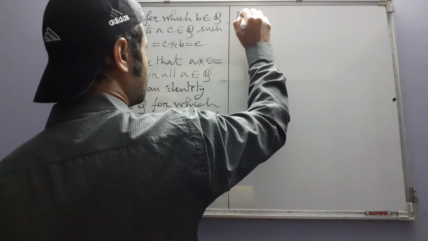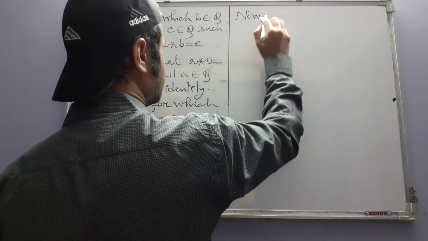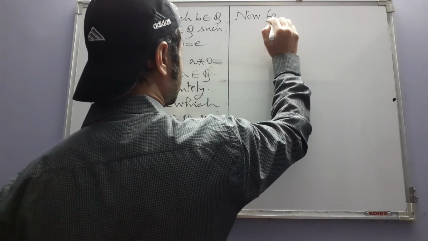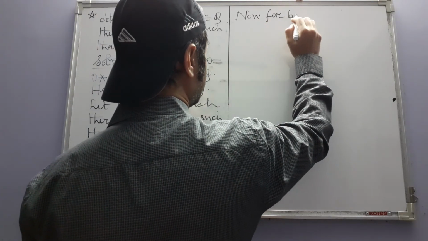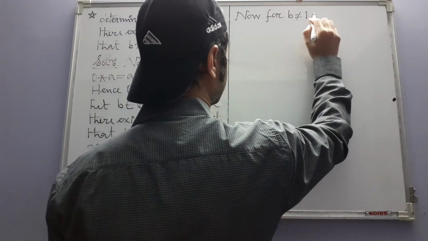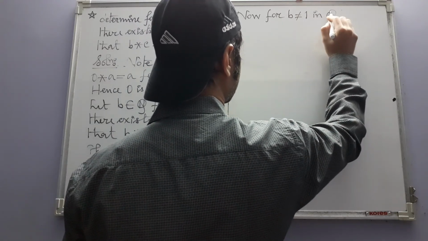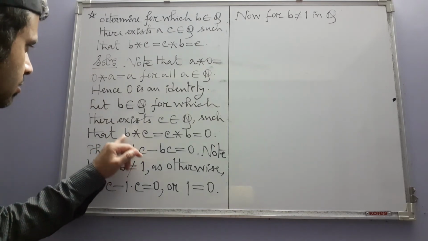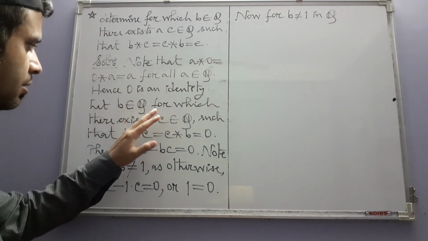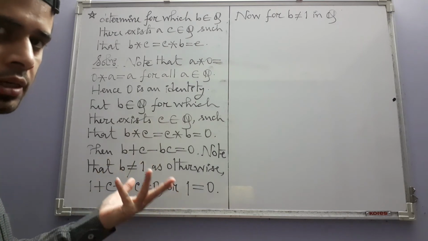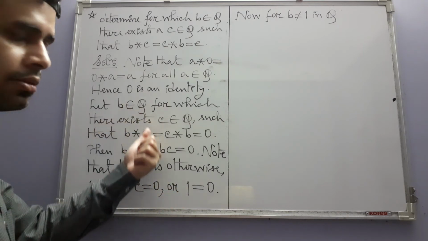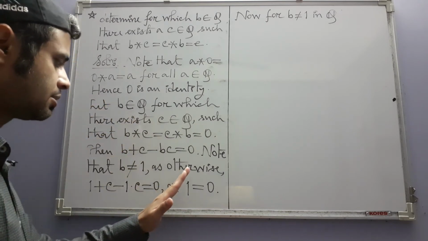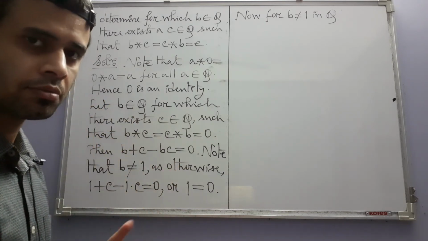Now for B not equal to 1, because we have taken here a rational number B which has an inverse, that's how we have taken B, that is we assumed that B has an inverse, and then our consequence is that B cannot be equal to 1.